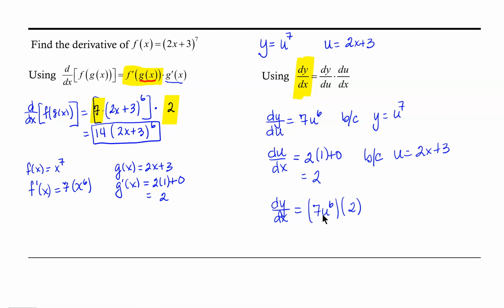So I need to grab what my u is and replace it in my derivative. And while we're doing that, I'll go ahead and multiply the 2 and the 7. So dy dx is equal to 14 times the quantity 2x plus 3 to the 6th power.